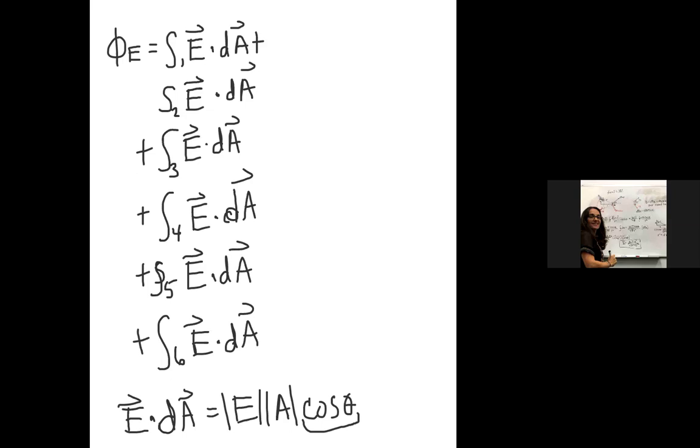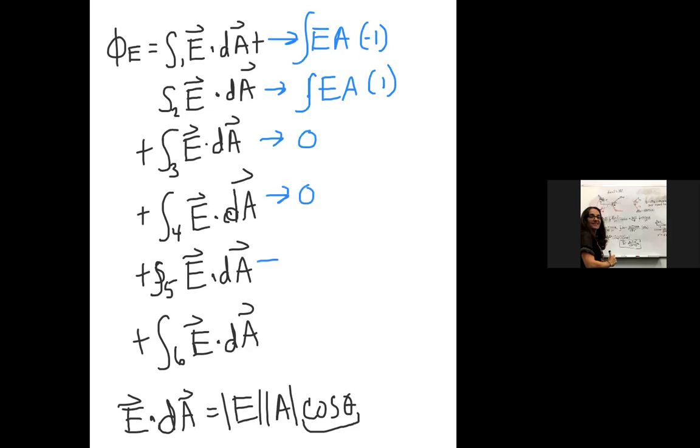Okay? So if you go back and look at the other whiteboard, this one became E A basically times 1. The first one was -1. This is going to be integral EA. Face 2 was just +1. 3 was 0, 4 was 0, 5 was 0, and 6 was 0.